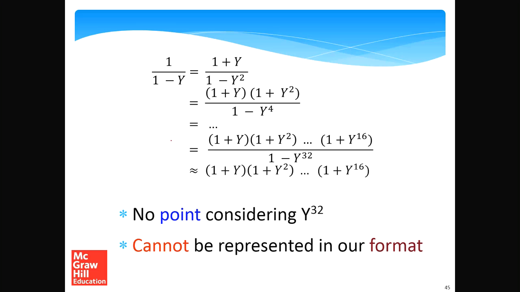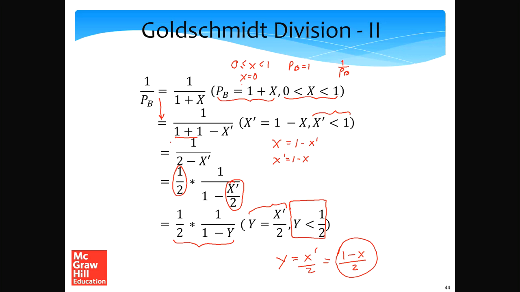Alright, so actually let me go back. Since we are multiplying a number by half and everything is in base 2, multiplying a number by half means multiplying it by 2 raised to the power minus 1, or dividing the number by 2. So we compute the result of 1 by 1 minus y and right shift it by one position. That is the same as multiplying it by half.